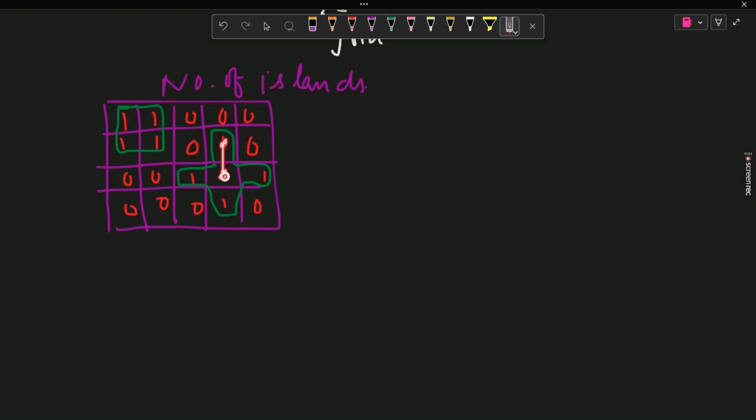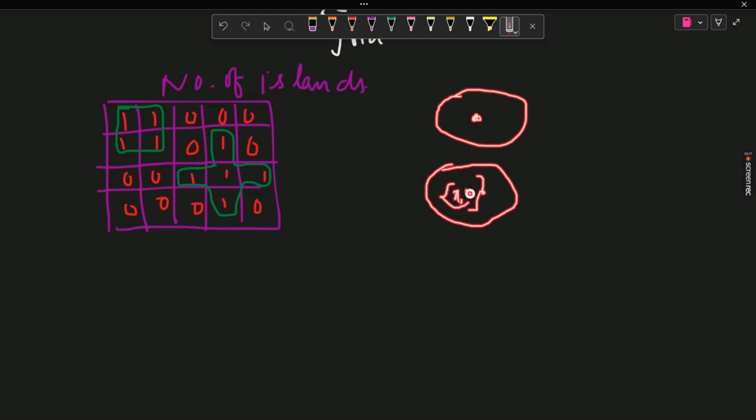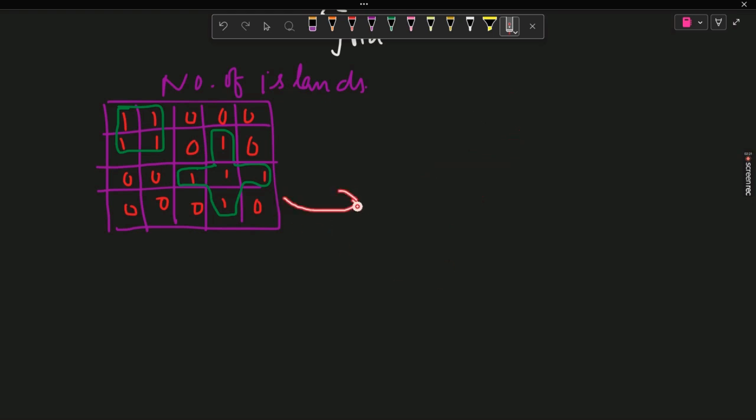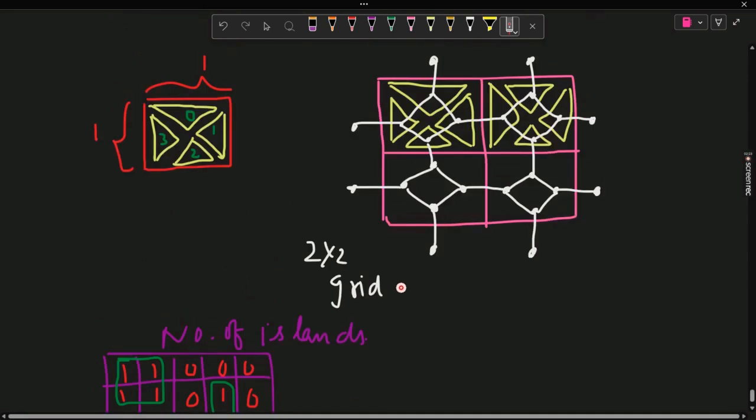We go to this cell, after that we went to this cell, return to this, went to this cell, then this, and then this. So this is the way we represent a matrix as a graph, where the node of a graph is not a single number; it's a cell represented by x comma y. I will use this concept in this problem also.